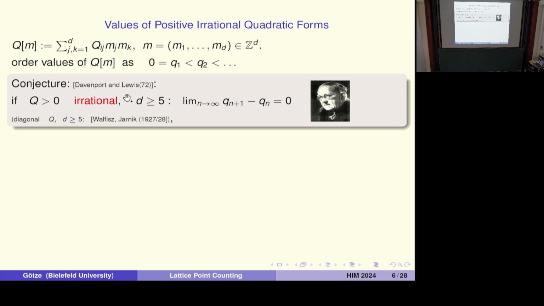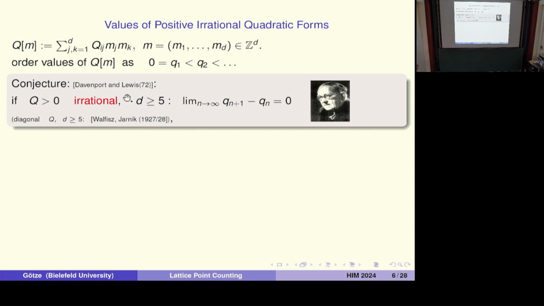That's Davenport. And so Davenport and Lewis in 1972 made the following conjecture: for all irrational forms, not multiples of rational forms, and dimension at least 5, the ordered values turn out to be dense at infinity.